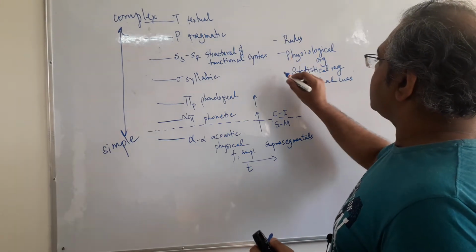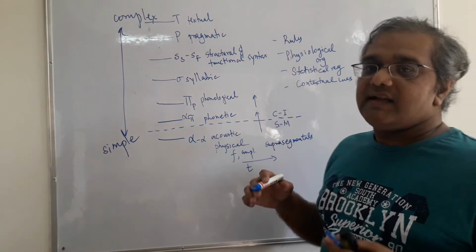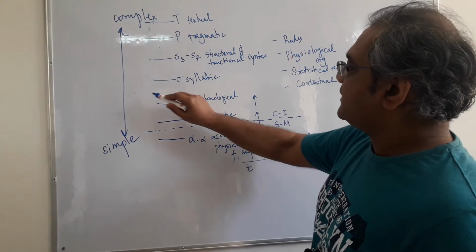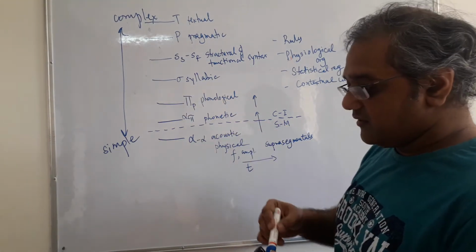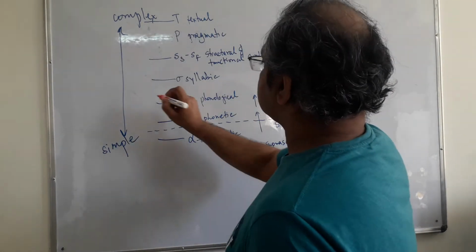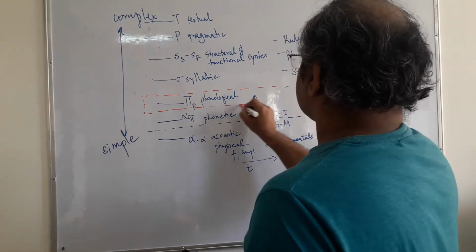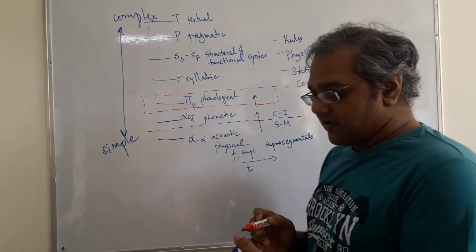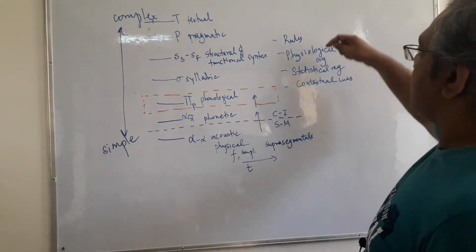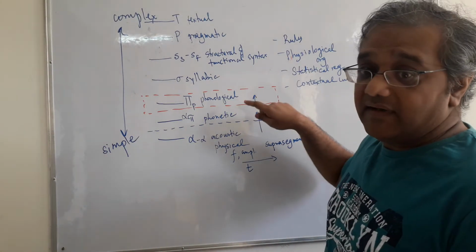Take, for example, a phonological system. When we are talking about this level of organization, we will be talking about rules organized at the phonological level.